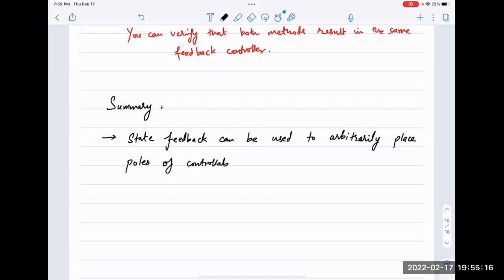So that's important. If the system is controllable, which we know how to figure out, then a state feedback, right?